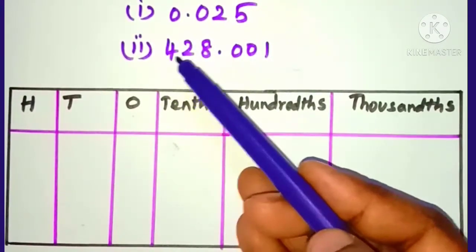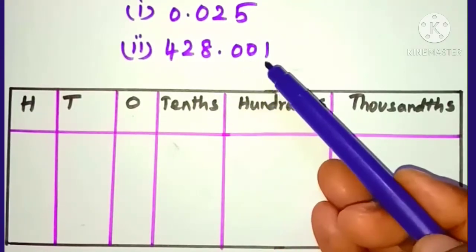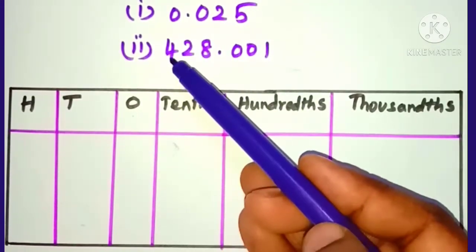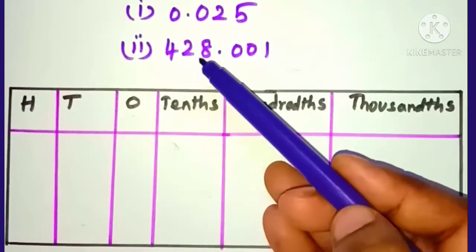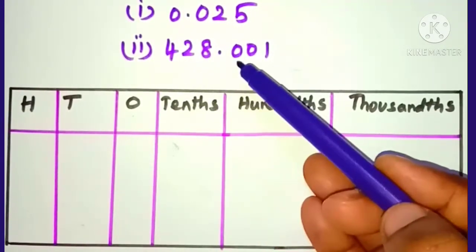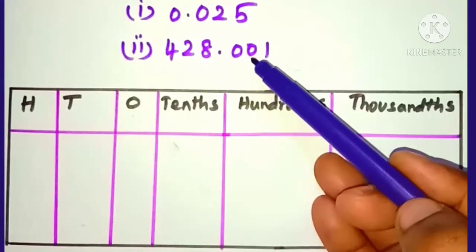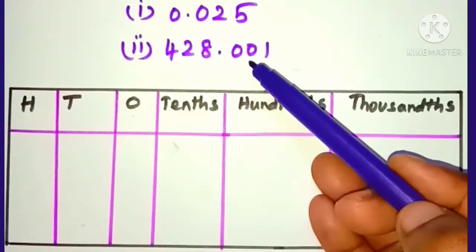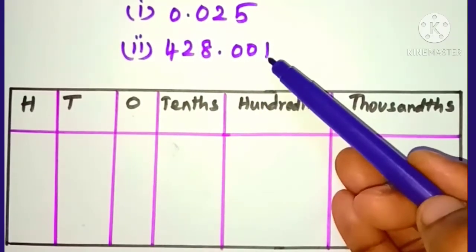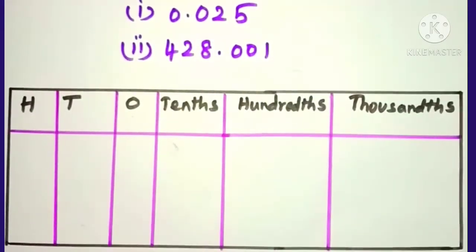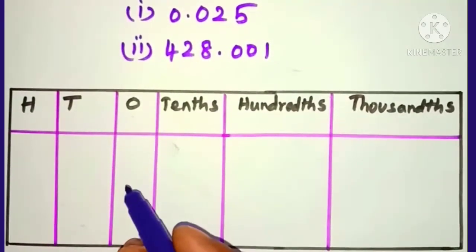And here 428.001. So 4 is in the hundreds place, 2 is in the tens place, and 8 is in the ones place, and the 10th place and 100th place are zeros. So there are no digits in the 10th place and 100th place, and 1 is a digit which is in the 1000th place. So now place them in the place value table.